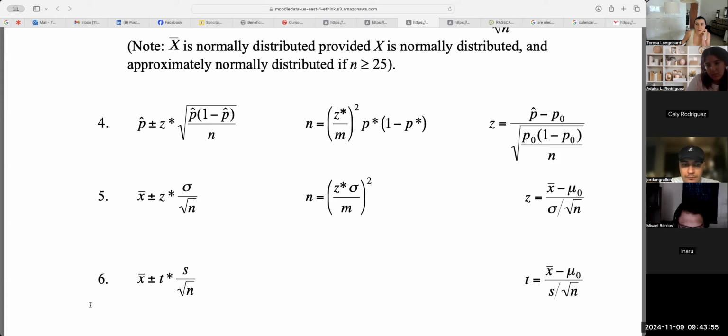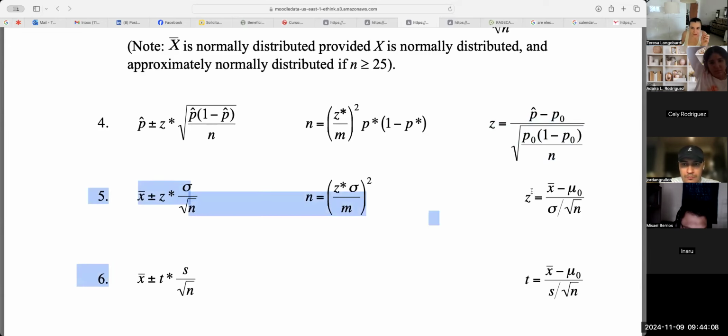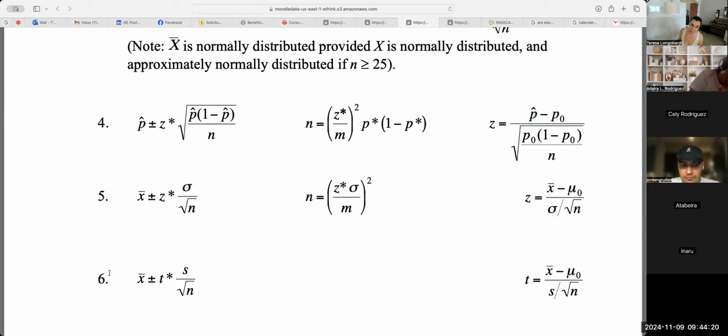You guys, I could always trick you, right? It's not a trick, but I know where there's the missing understanding. The answer is 5 is always better. 5 is better because you actually have the real population standard deviation. It's going to be better. But 6 is the second best option. It's at least an option.